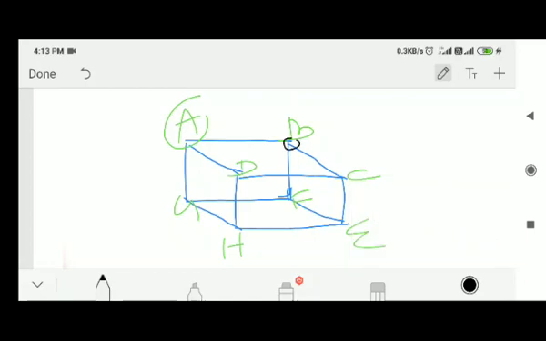This is B, this is C and this is D. Similarly, this vertex is E, this vertex is F, then this vertex is G, and then this is your H vertex. This is the figure of a cuboid, my friends.